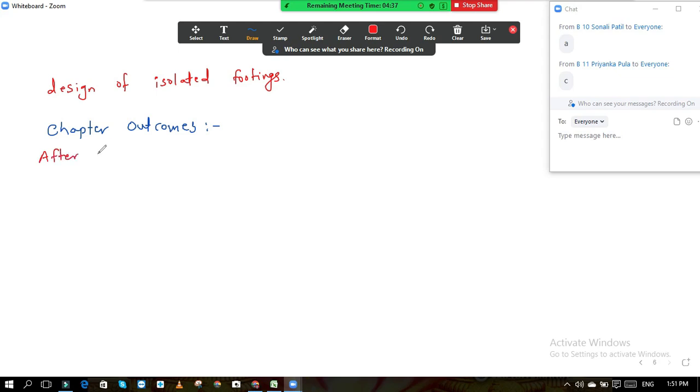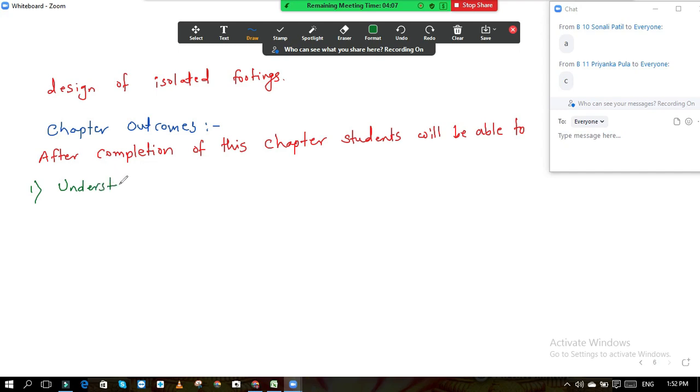After completion of this chapter or unit, students will be able to understand fundamental concepts of footing and its design.